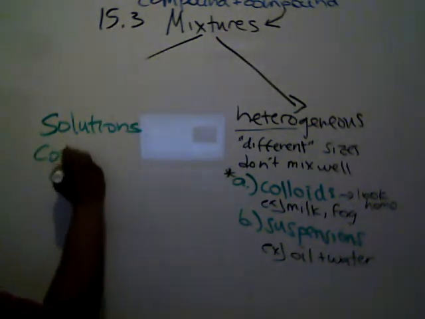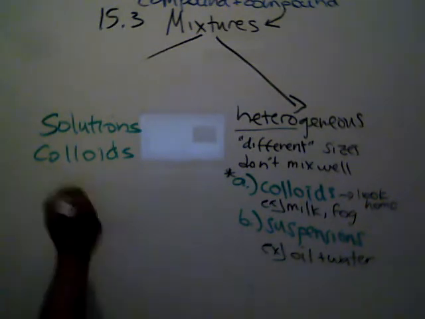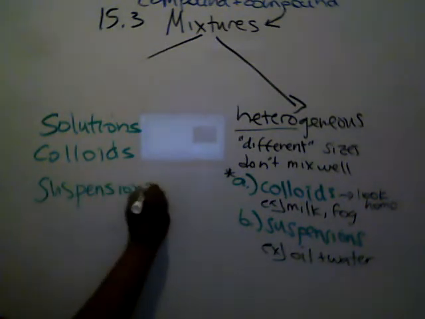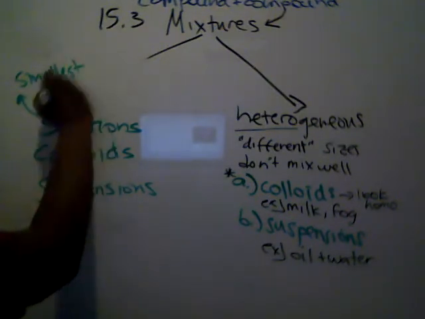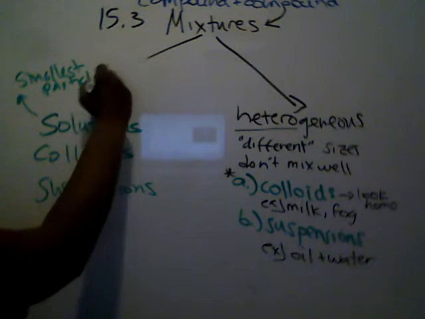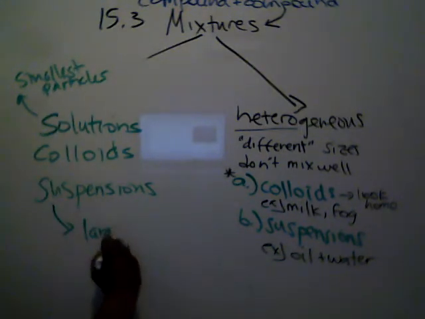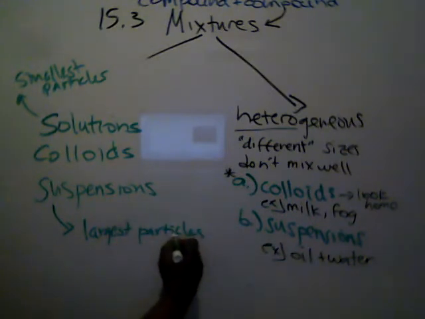Next in line would be the colloids. And then the mixture that has the largest particles are suspensions. So these guys have the smallest particles. Colloids are somewhere in the middle, and then suspensions have the largest particle sizes. So just kind of knowing that.